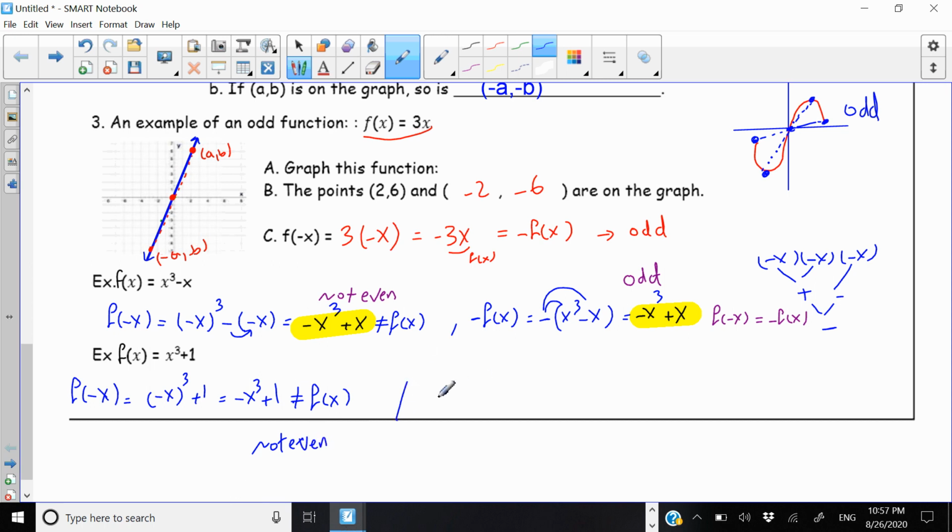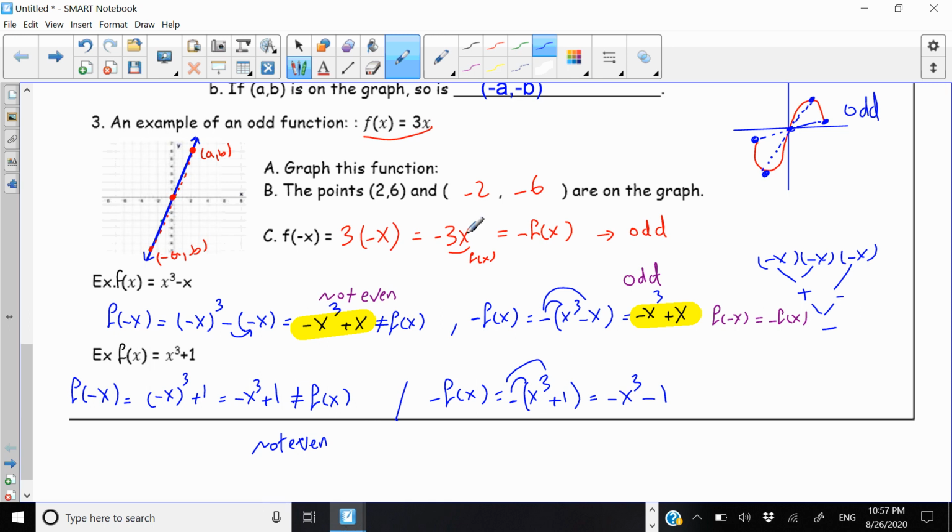Now, let's find negative f of x. So I'm just going to take the equation, x to the 3 plus 1, and put a negative behind that. Then I'm going to distribute this negative. So you just need to simplify this expression, which will be negative x to the 3 minus 1.